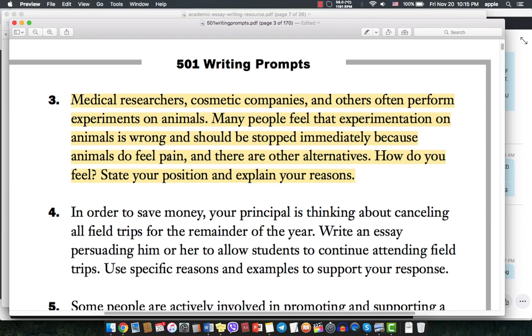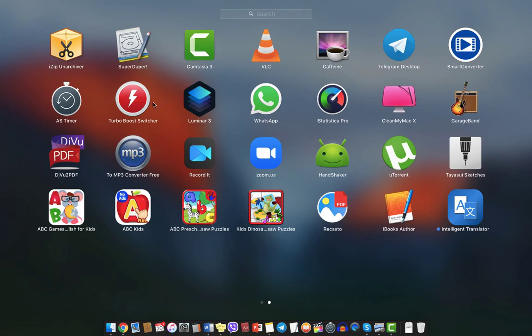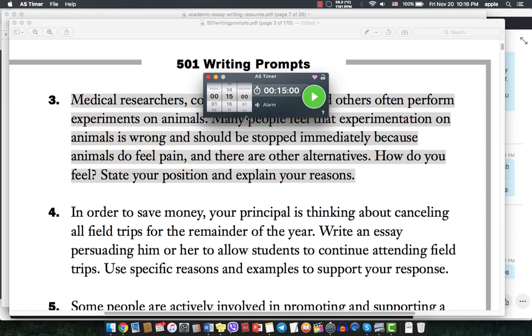How do you feel? State your position and explain your reasons. You have 5 minutes, 1 minute to prepare your conversation, and 4 minutes to start talking. Do not stop talking until I tell you to stop. 3, 2, 1, go.